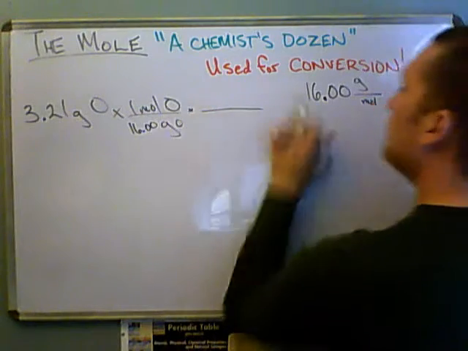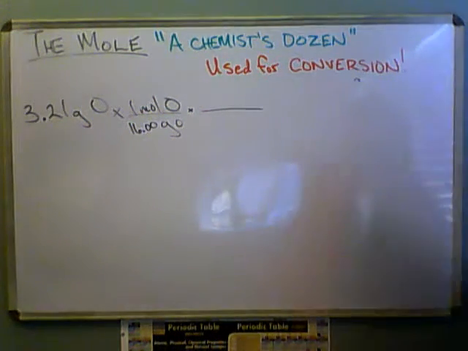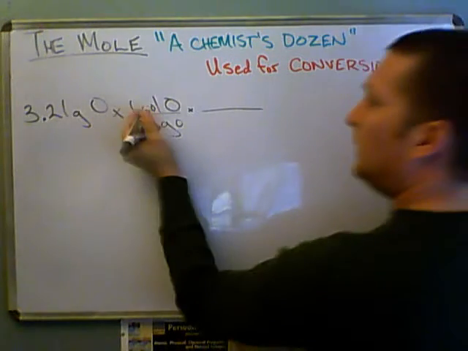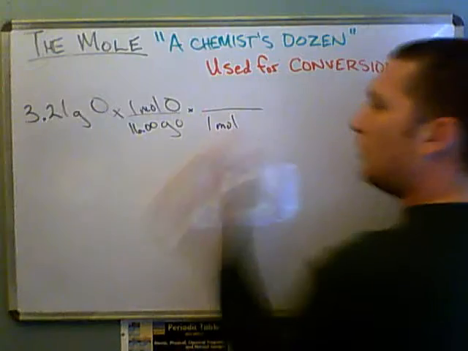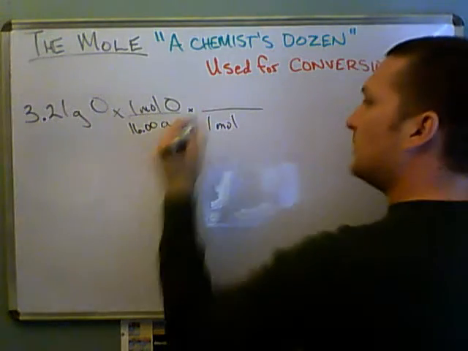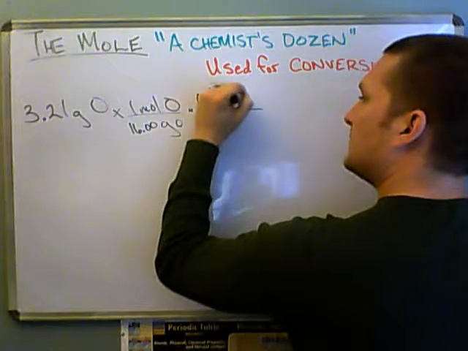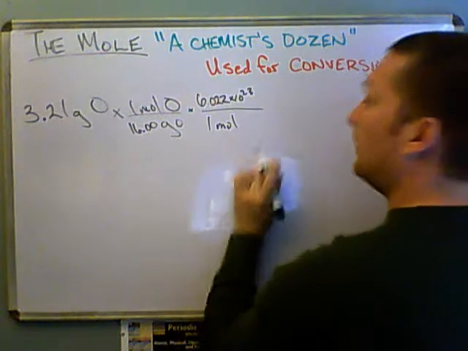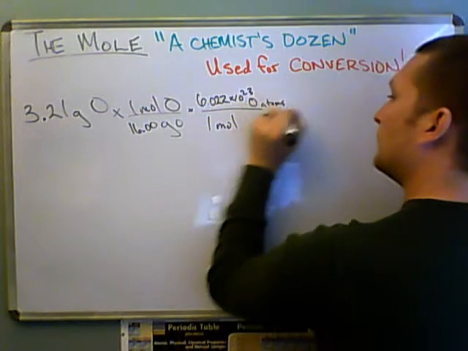Now, I'm going to really go in depth here to illustrate a point. I could say, okay, in every 1 mole of oxygen, well, we know mole is just like a dozen, only it's a chemist's dozen, which is 6.022 times 10 to the 23rd oxygen atoms, right?